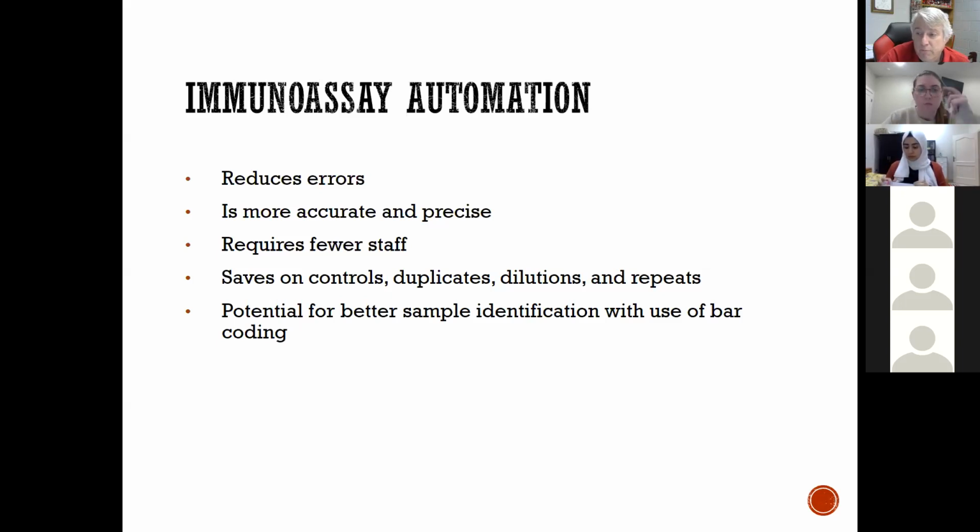So let's say we're trying to make a Quizlet out of this. Would we just put the procedure on there and the principle? I wouldn't worry so much about the principle, or the procedure. I would worry more about the intended use, and then mainly what the actual kit was looking for.